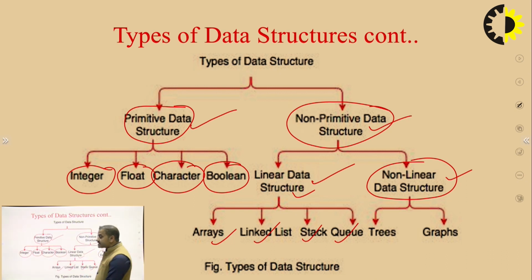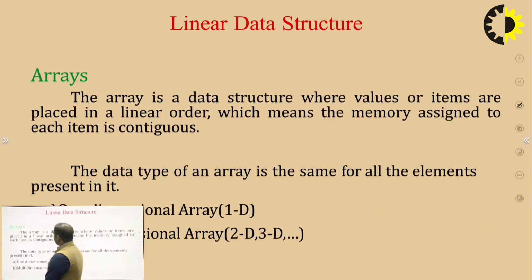Non-linear data structure is also classified into 2 categories. The first one is tree and the second one is graph, in which we will discuss the different types of operations as well as the implementation techniques of these data structures. Now, this is the first type of linear data structure, called array.